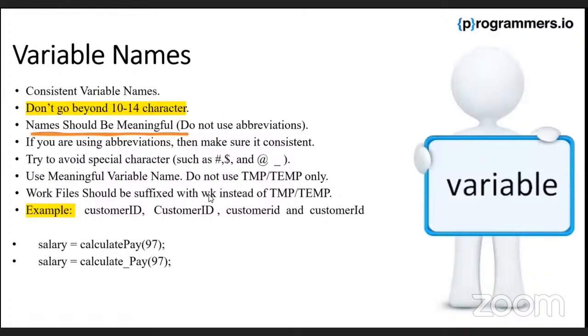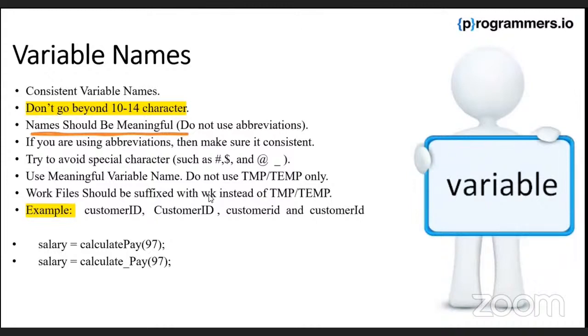Now we come to variable names. How do we need to write a variable? First, keep the variable name consistent. If we are making a program, say a subfile, it doesn't mean we just write abc123 or something like that.